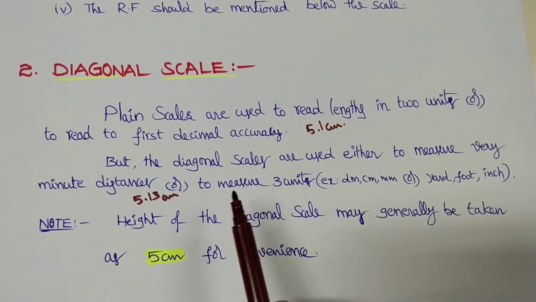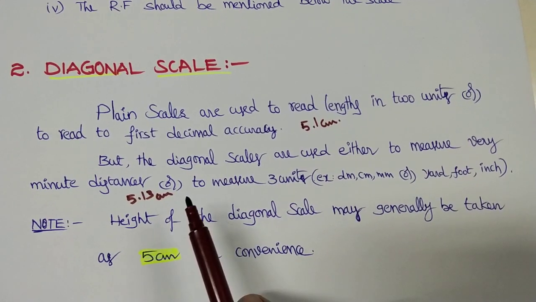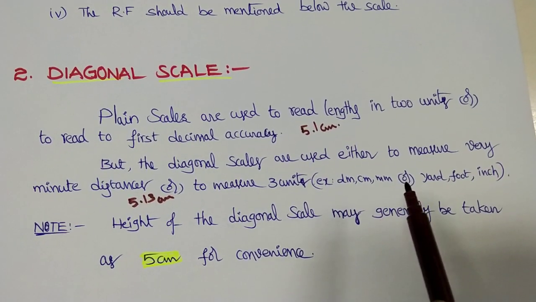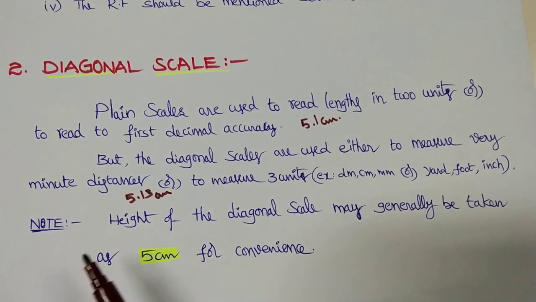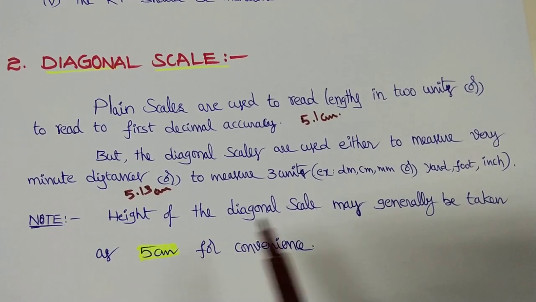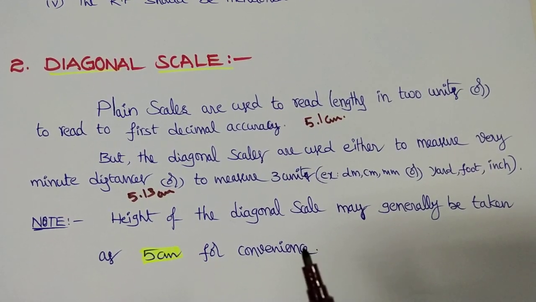The diagonal scales are used either to measure very minute distances or to measure three units: decimeter, centimeter, millimeter, or yard, foot, inch. One more point: the height of the diagonal scale may generally be taken as 5 centimeter for convenience.